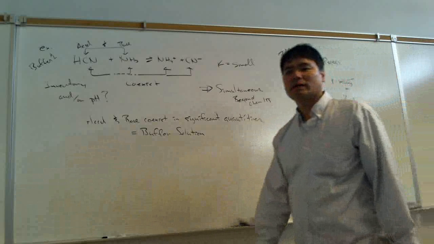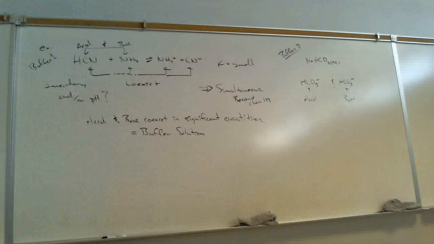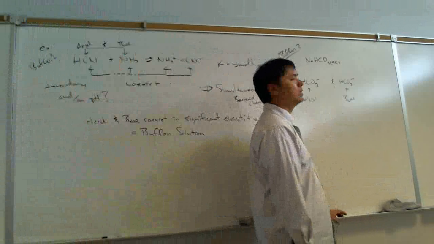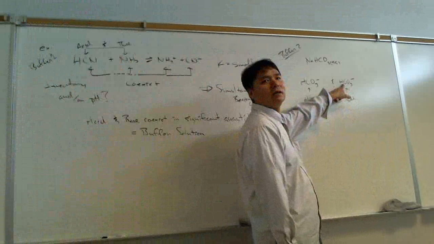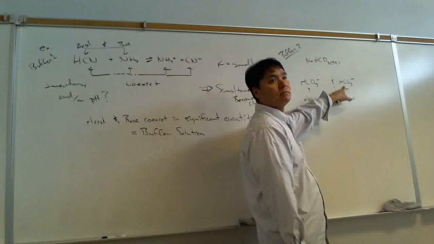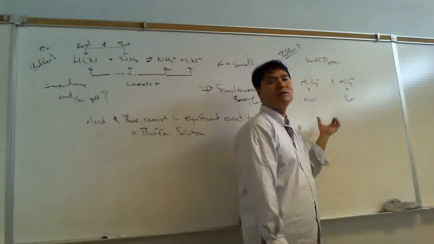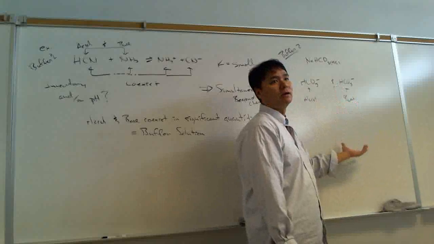Because bicarbonate is amphoteric. And so if you add strong acid to this, the strong acid would be neutralized by bicarbonate because bicarbonate is a proton acceptor. Or if you add strong base to this, the strong base would be neutralized because bicarbonate is a proton donor. It can go either way.